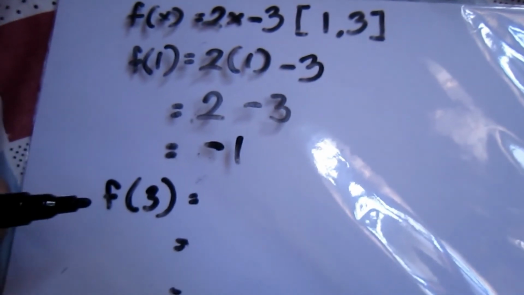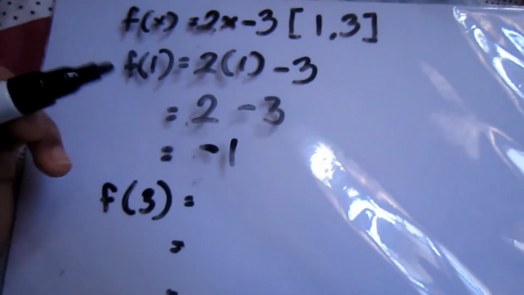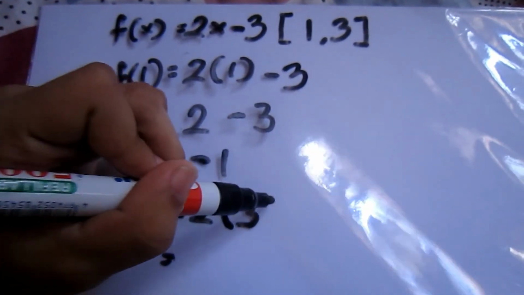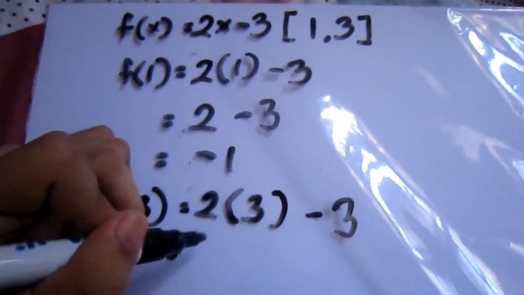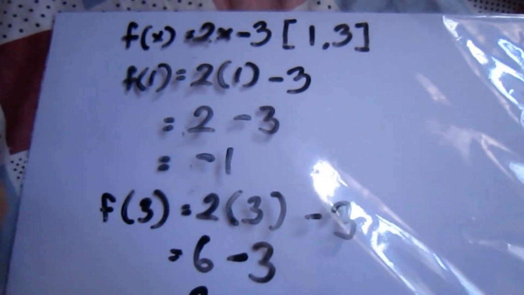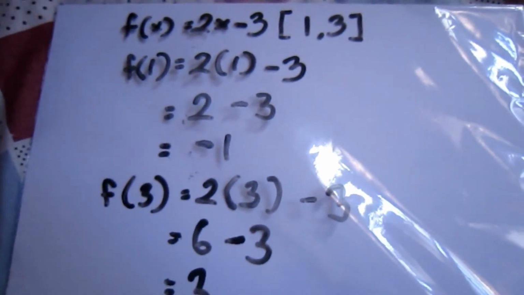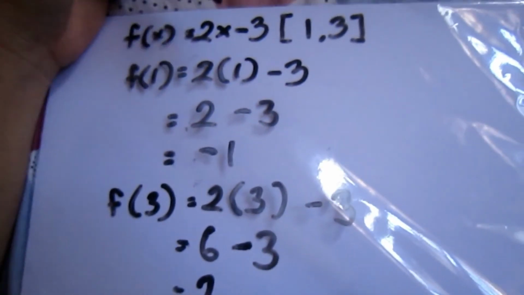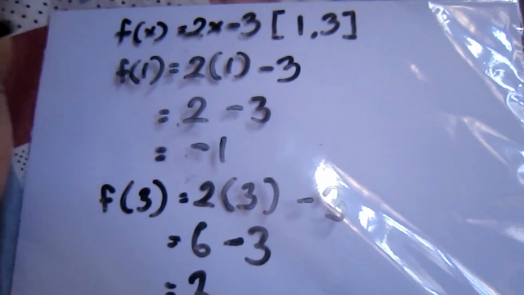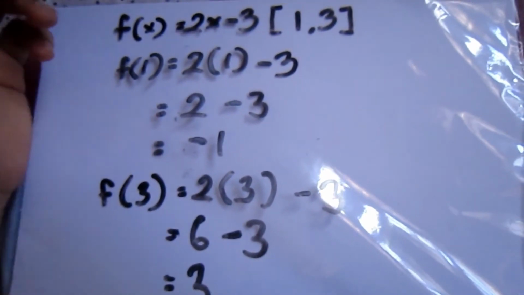Now for substituting 3 into the function, we go 2 times 3 minus 3. So we got 6 minus 3 is equal to 3. So now we got the two values. So for this function, our minimal value, or the minima of the function, is negative 1.